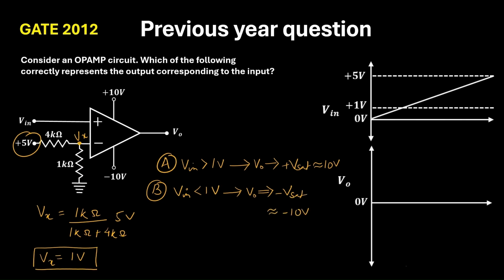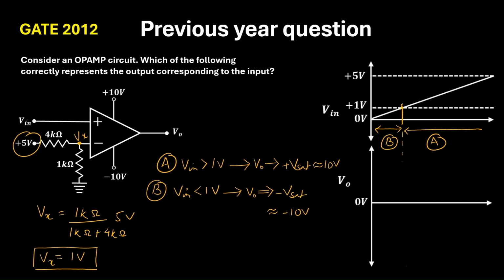Now let us come back to this graph here. If we can see this point, in this region the input is lesser than 1 volt. That is the case B. And after this, it's case A. That is, the input is greater than 1 volt.